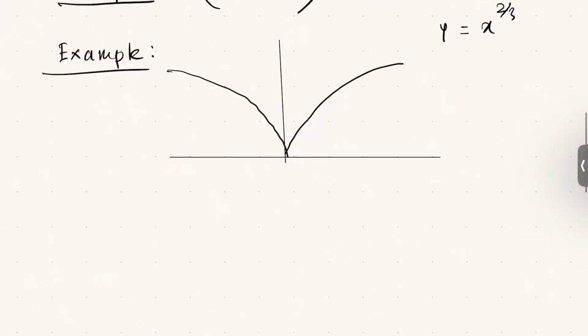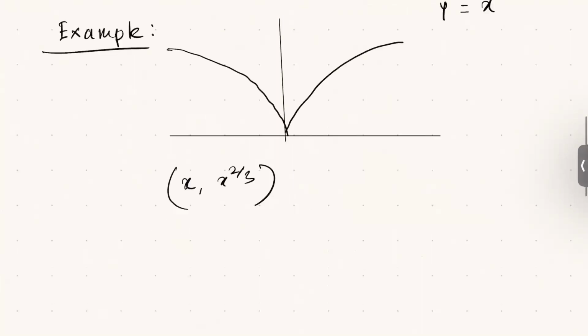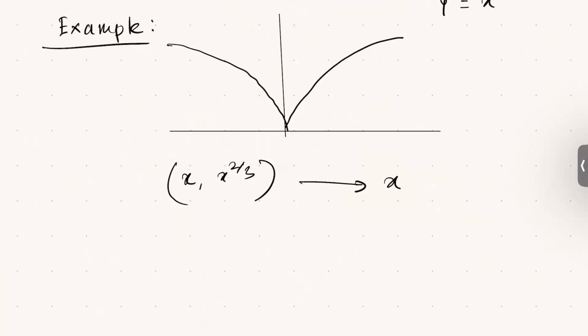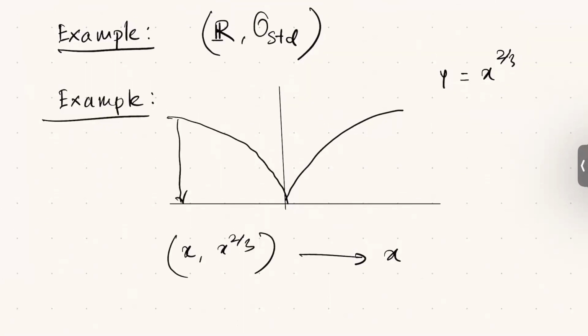Because I can consider (x, x^(2/3)), the graph, and project it to the first component x for every point. So hence it is also a topological manifold.